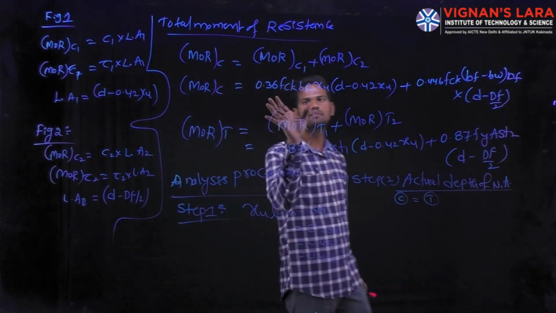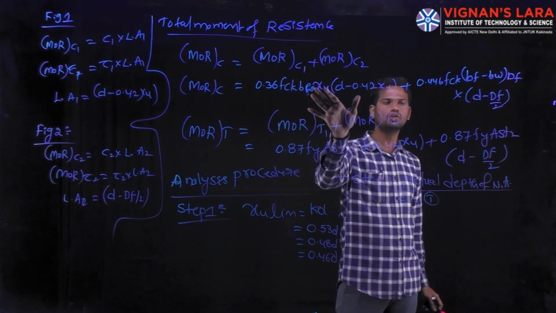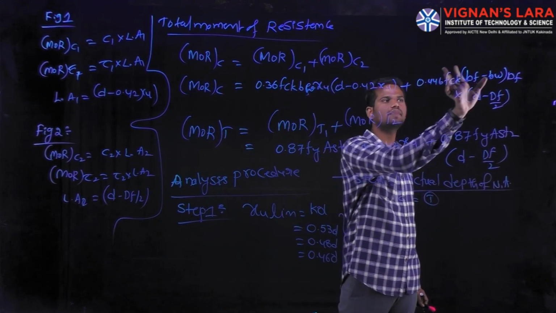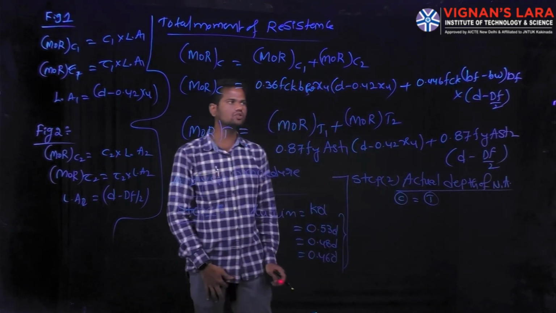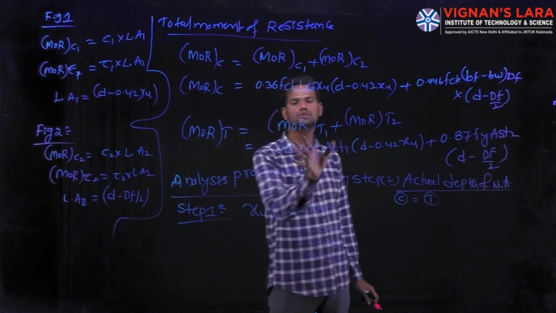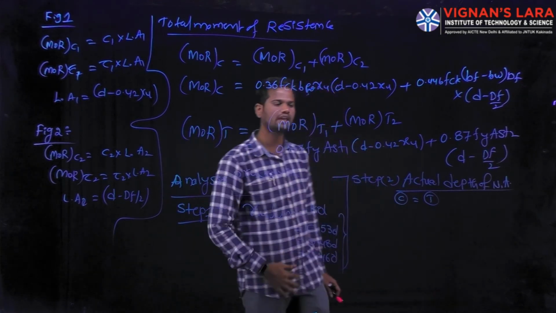Here the total compressive force is 0.36 fck bw Xu plus 0.446 fck into (bf minus bw) into Df. This is the total compressive force acting on the beam, and the total tensile force is 0.87 Fy into (Ast1 plus Ast2).